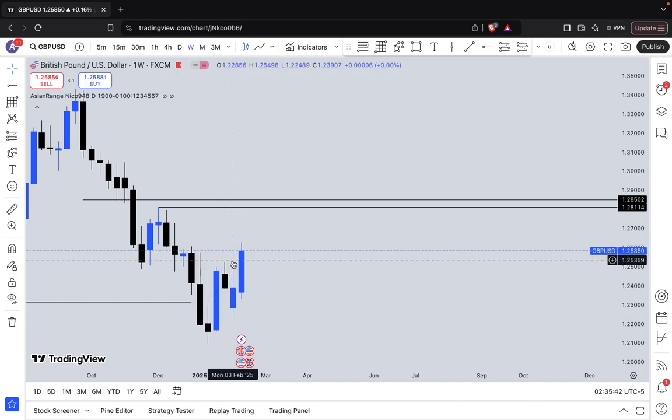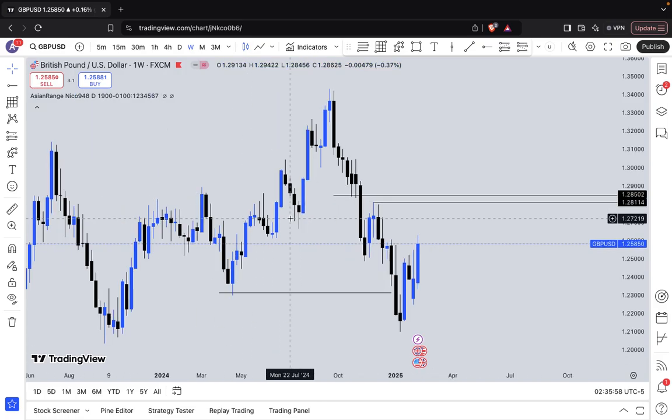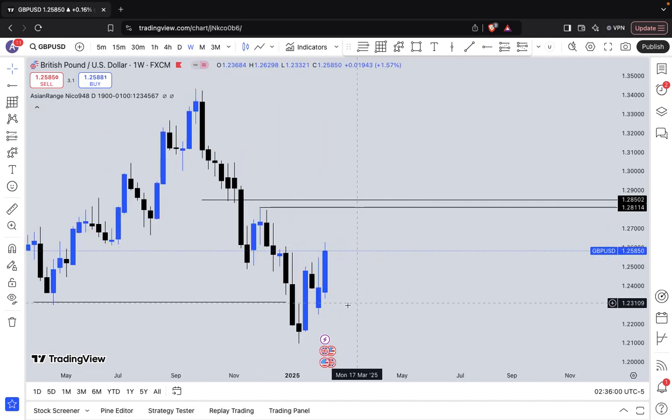Price closed bullish. So by next week, I expect price to continue moving to the upside to mitigate this monthly internal liquidity.